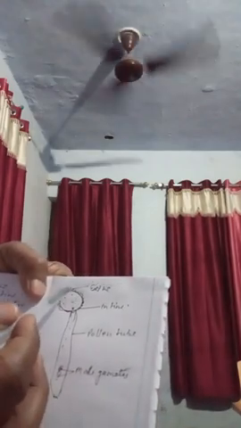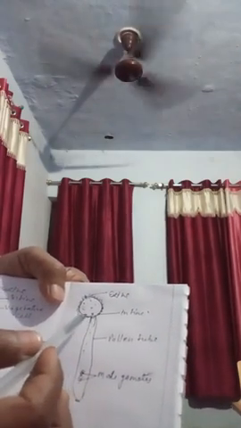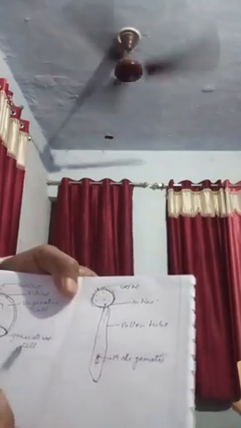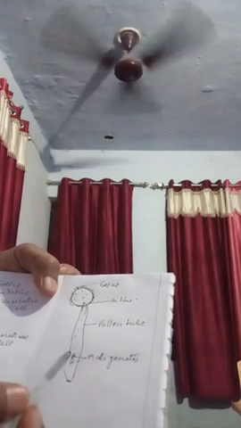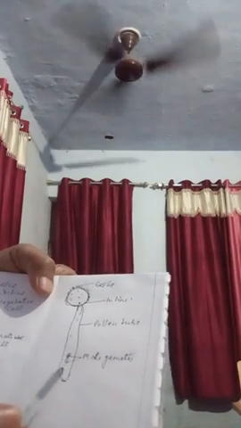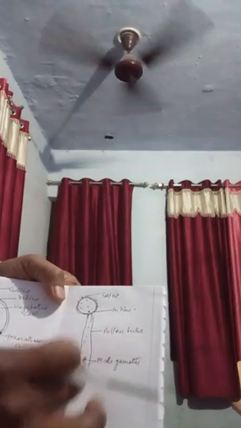So this is the exine, the inner layer is the intine, and there is a germ pore from where this pollen tube arises, and the vegetative cell is transformed into two male gametes. So in this way, pollen grains germinate. Now, this is all about pollen germination.